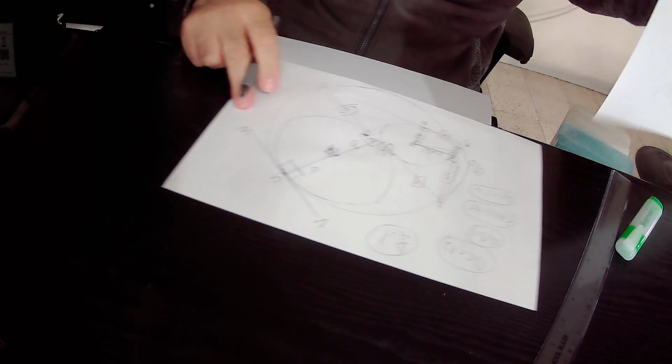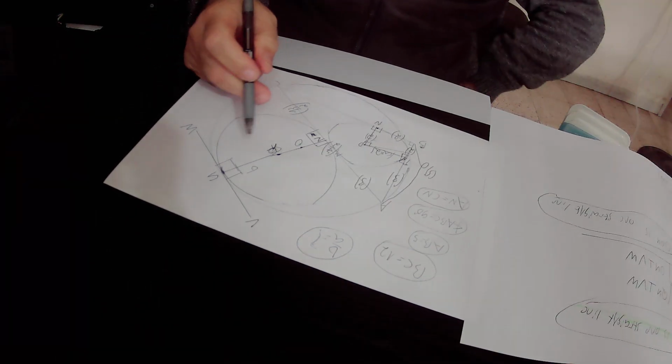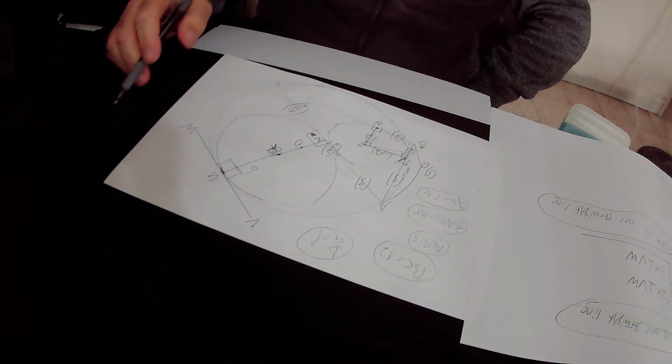That is to say, all the 3 points O, Q and U are located on the same straight line.